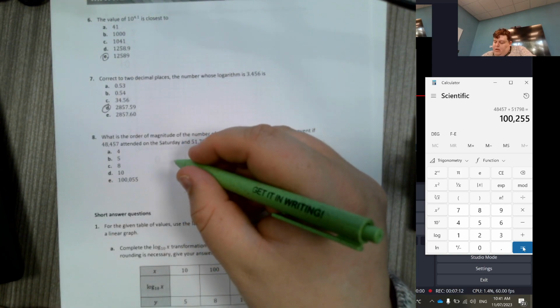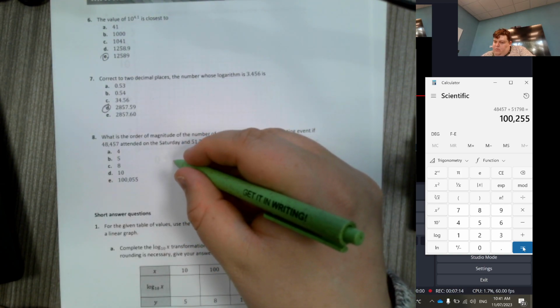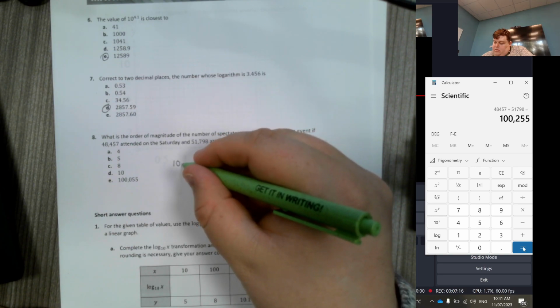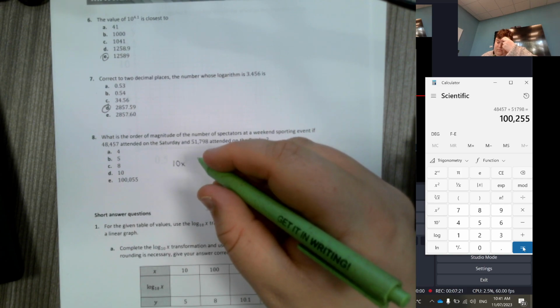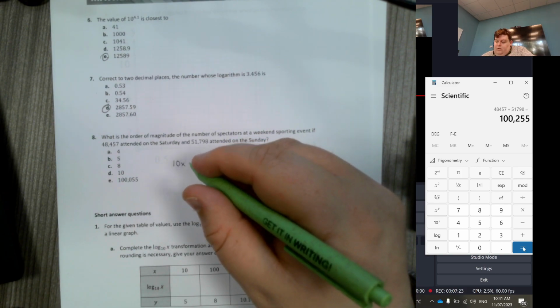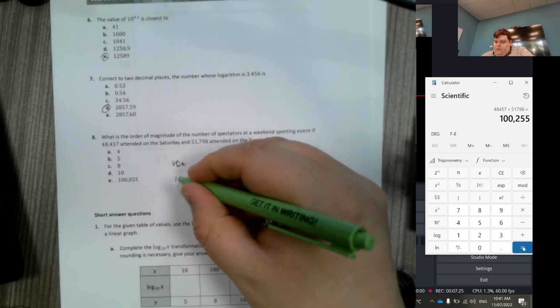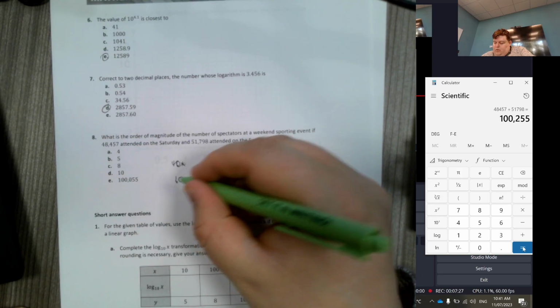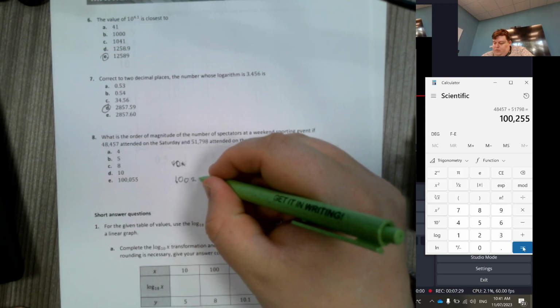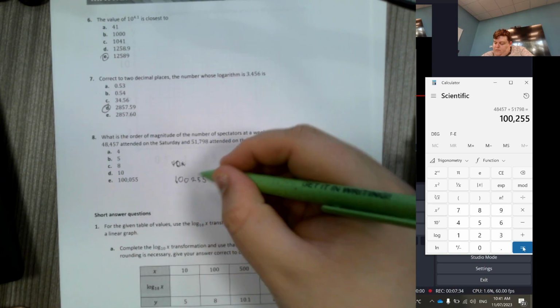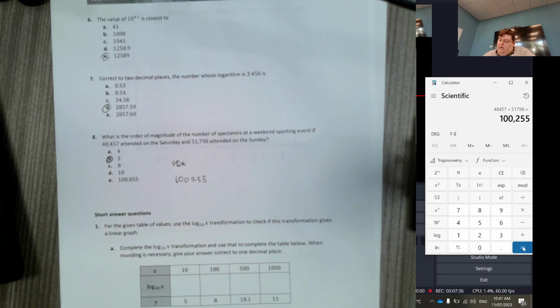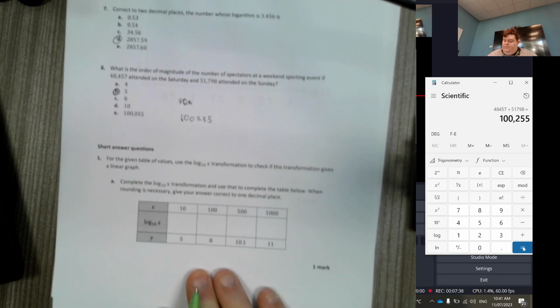Okay. So the order of magnitude would be 10 to the power of, what am I doing? 1.00255. 1, 2, 3, 4, 5 is my order of magnitude there.